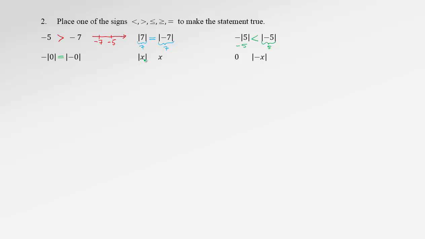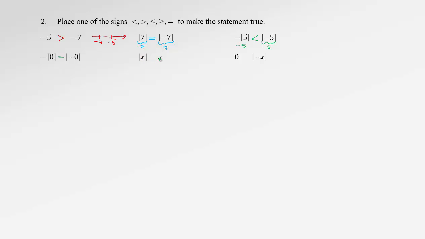The next example is a little bit more interesting, so maybe try to pause the video and try the next two examples by yourself. Okay, let's analyze the situation. Absolute value of something is always positive or 0, so this number has to be positive. However, that number x can be positive or negative. If x is positive, then absolute value of x doesn't change it.